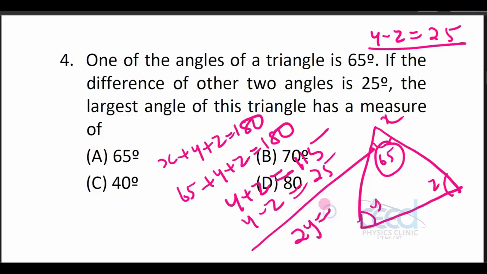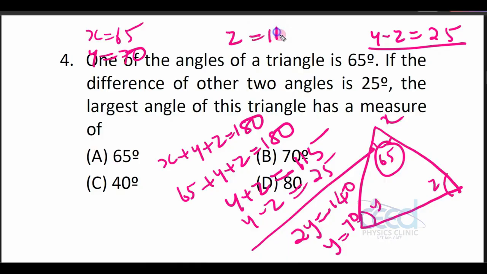You get 2y is equal to 140. Then what is y? Y is equal to 70. Once y is found we can solve it. Now x is 65, y is 70. Now we can solve z also. Z is equal to 115 minus y, from this equation.